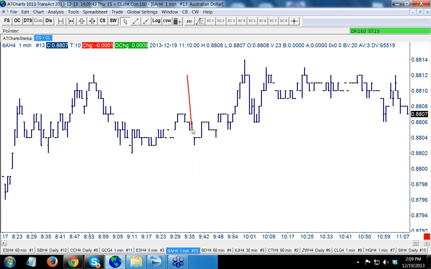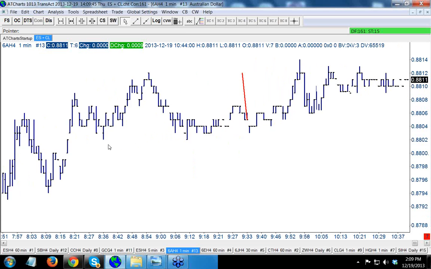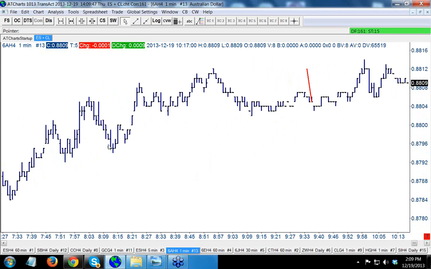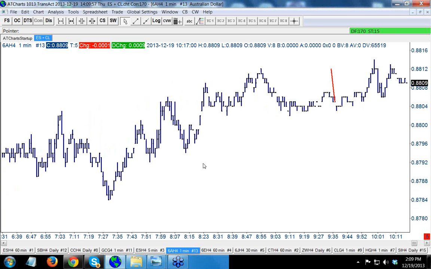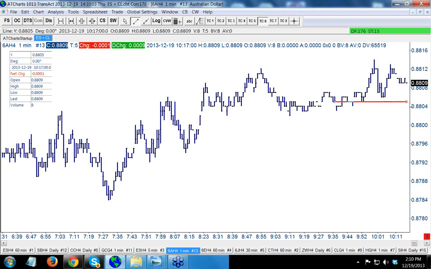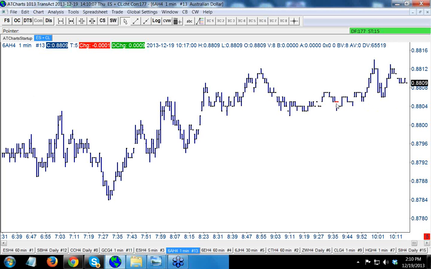Somewhere around here you went short? Okay. So what we're looking at is the reason why there should be a short right there. Okay. Why would you short there?